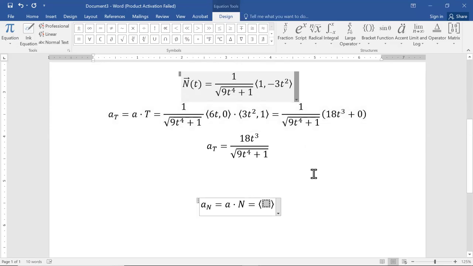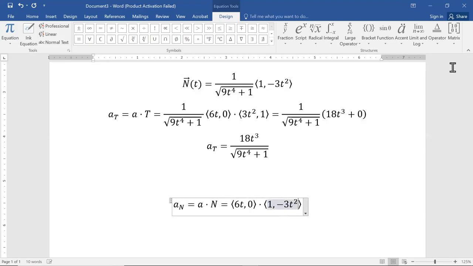So we get 6t comma 0 and dot product that with the unit normal vector here. That's going to be 1 comma negative 3t squared. And then we're going to multiply by the coefficient. I'm going to, once again, throw that coefficient out front.